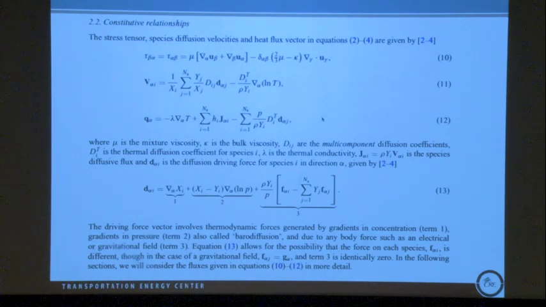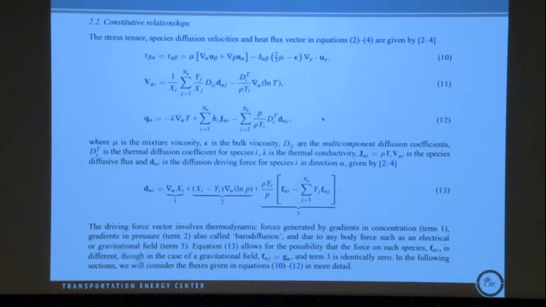D sub i superscript T is the thermal diffusion coefficient for species i. Lambda in the Fourier heat conduction term is the thermal conductivity, and J alpha i is the species diffusion flux.